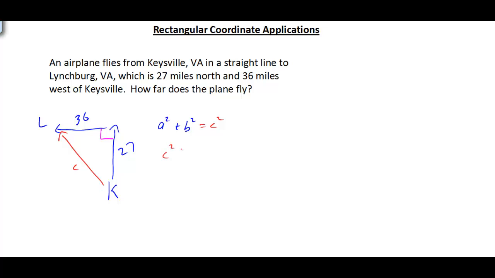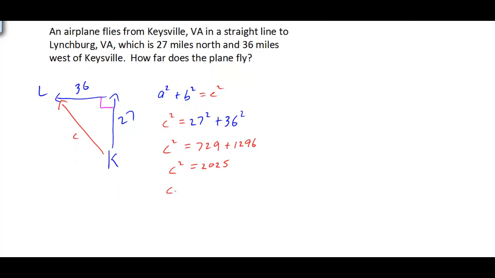So then we would have c squared is equal to 27 squared plus 36 squared, and we would end up with c squared equals 27 squared, which is 729, plus 36 squared, which is 1296. So therefore c squared is equal to 2025.